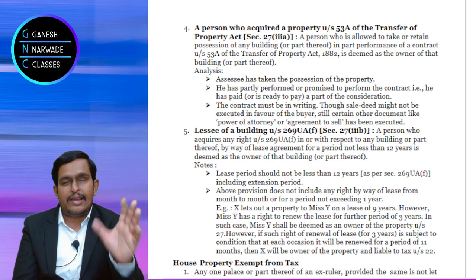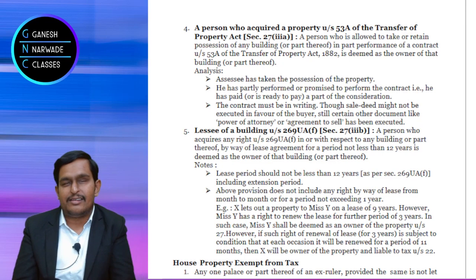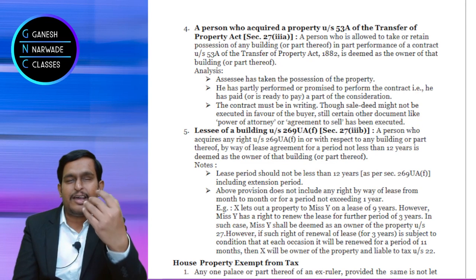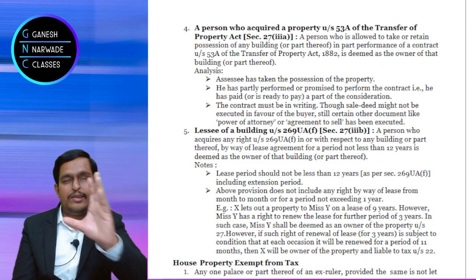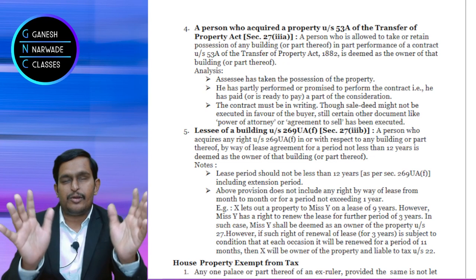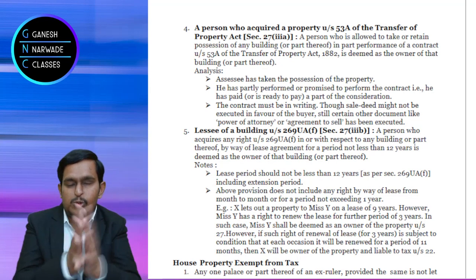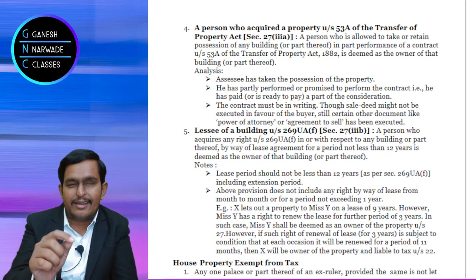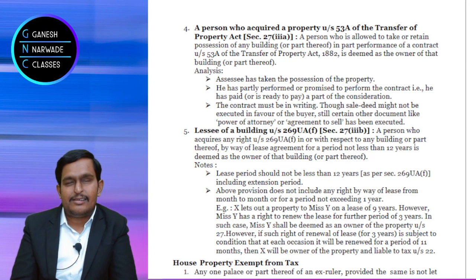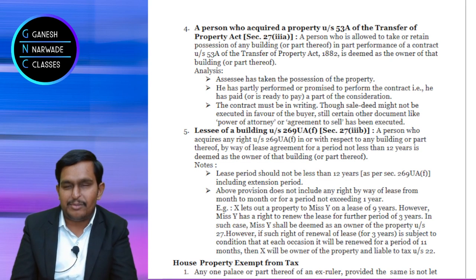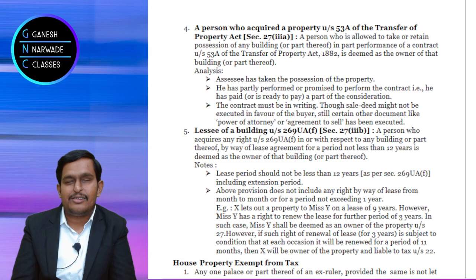It should not be a rental agreement for less than 1 year. It should be either 1 year or more. Original agreement plus extension period together, even if these two together are more than 12 years, that's it. Okay, the lessee, the tenant, is treated as deemed owner under section 27 clause 3b. That's it. Clear? Any doubt?